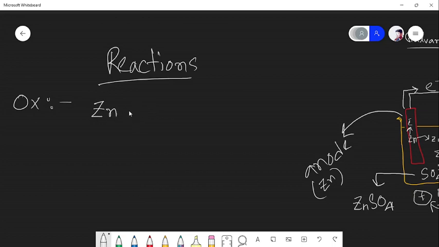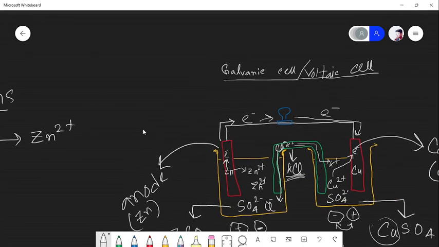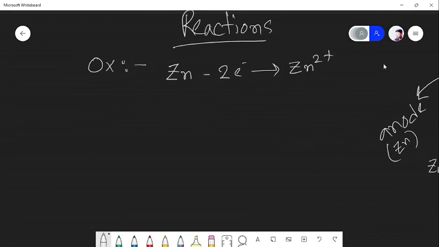Zinc loses electrons and becomes zinc ion, and then the electrons go to the cathode, and in the cathode, reduction occurs. So copper receives 2 electrons and becomes neutral copper.